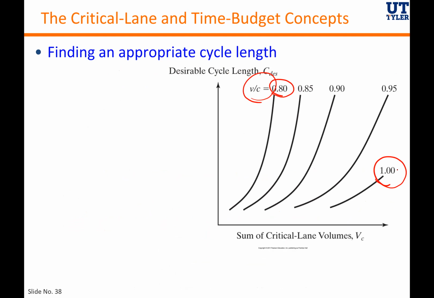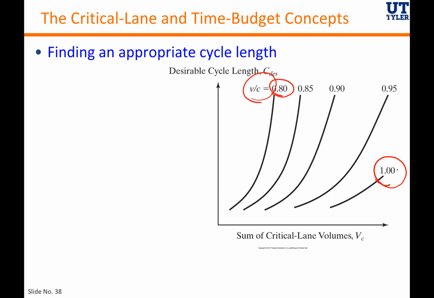V over C is the volume versus capacity ratio. You don't want to have your network at 100% all the time. You're going to end up having lots of issues, a considerable amount of delays, and even increased chances of traffic incidents, and mainly traffic accidents.